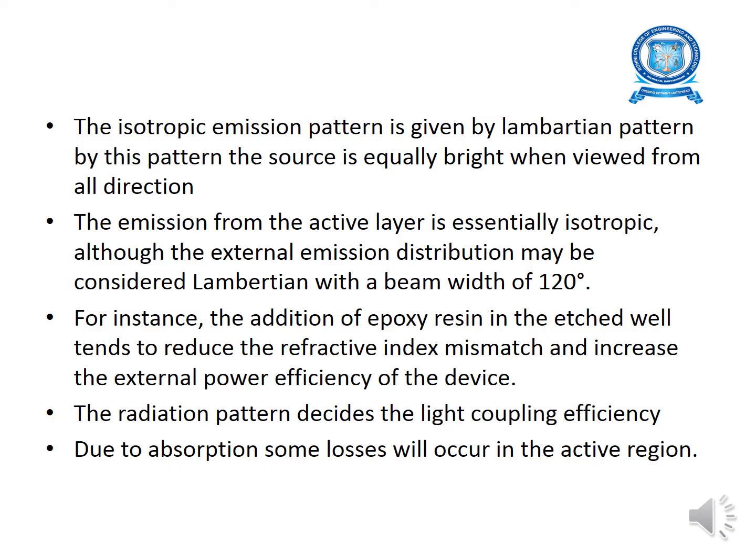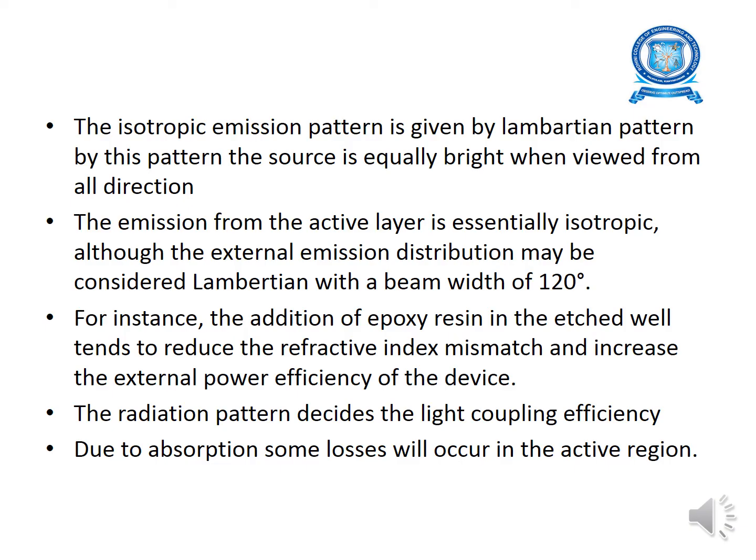By the use of the Lambertian pattern, the source is equally bright when viewed from all directions. So the emission from the active layer is essentially isotropic, though the external emission distribution may be considered as a Lambertian pattern with a beam width of 120 degrees, referred to as the half power beam width, with a thickness of 2.5 micrometer.